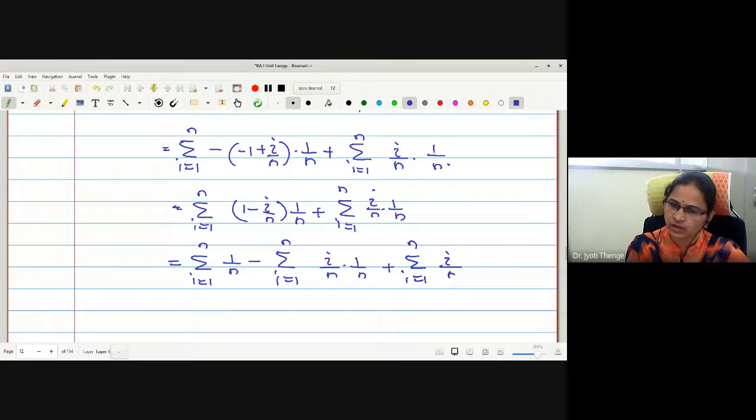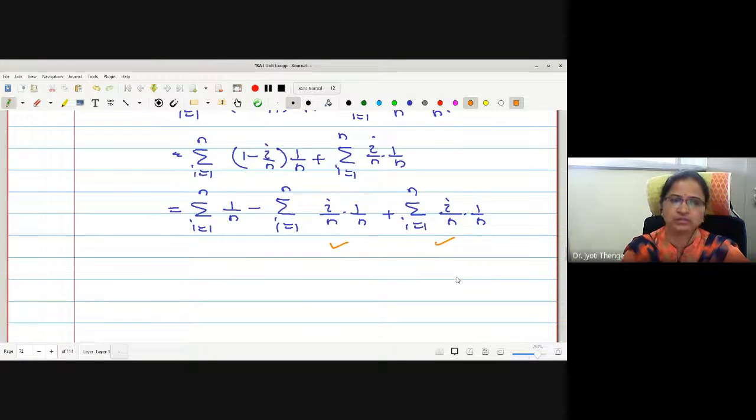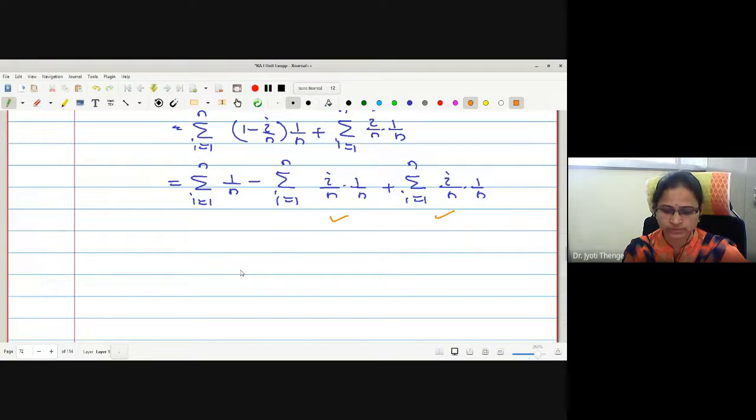Is it okay? Now look at the second and third term of the expression. Both are same, no? Therefore, cancelling each other, we will have this first sum only. 1 by n is independent of i, therefore let me take it out. It remains with summation i equals 1 to n, 1. This is your S_P f value.